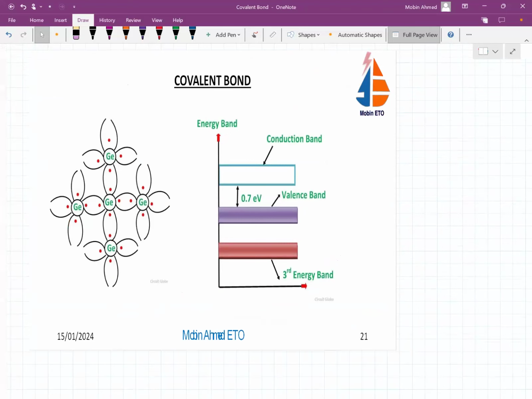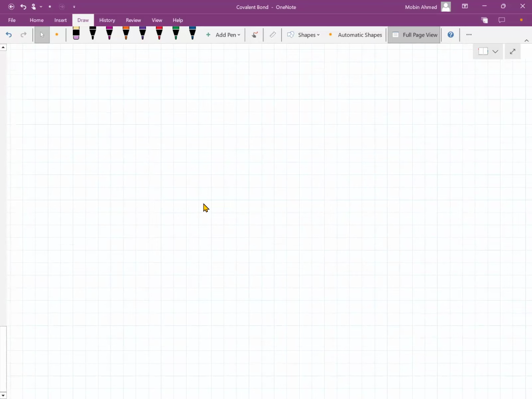Now, how is this covalent bond broken? Let's see that one. Again, I am going to make the same.